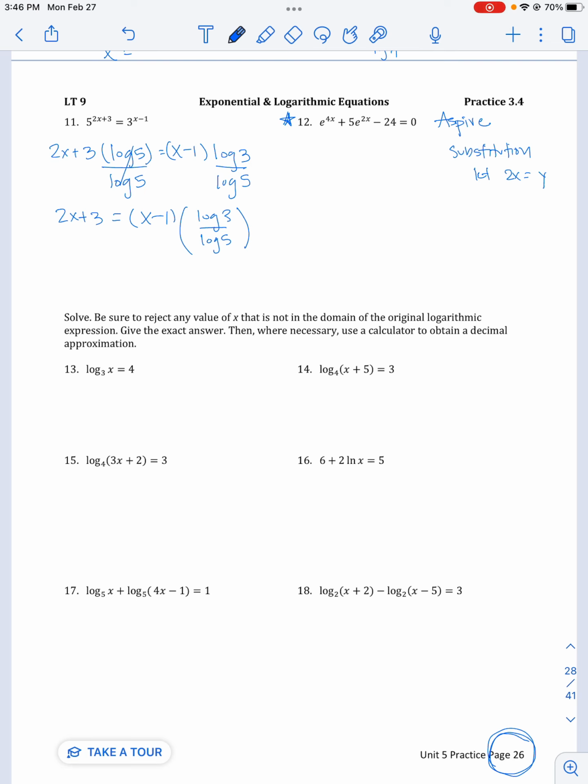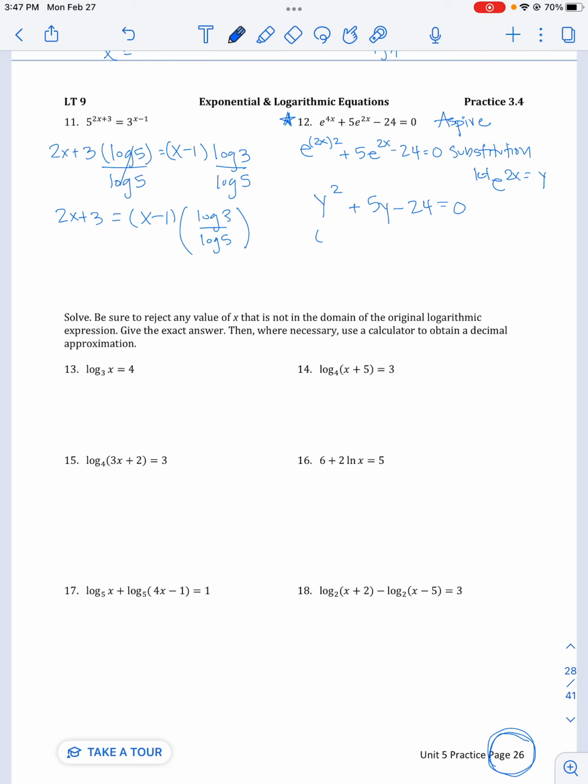If I let y equal e to the 2x, then the equation e to the 2x squared plus 5e to the 2x minus 24 equals 0 becomes y squared, I'm just doing that substitution of y for e to the 2x, plus 5y minus 24 equals 0.